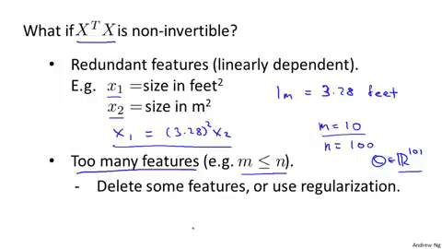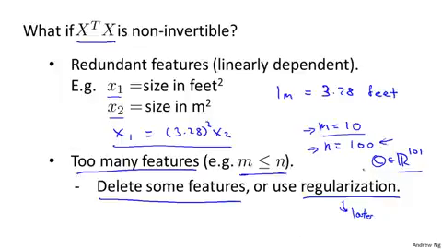This sometimes works, but is not always a good idea, because as we'll see later, you might not have enough data to fit 101 parameters. We'll see later in this course why this might be too little data. Commonly, if m is less than n, we either delete some features or use a technique called regularization, which will let you fit a lot of parameters and use a lot of features even with a relatively small training set. But regularization will be a later topic in this course.